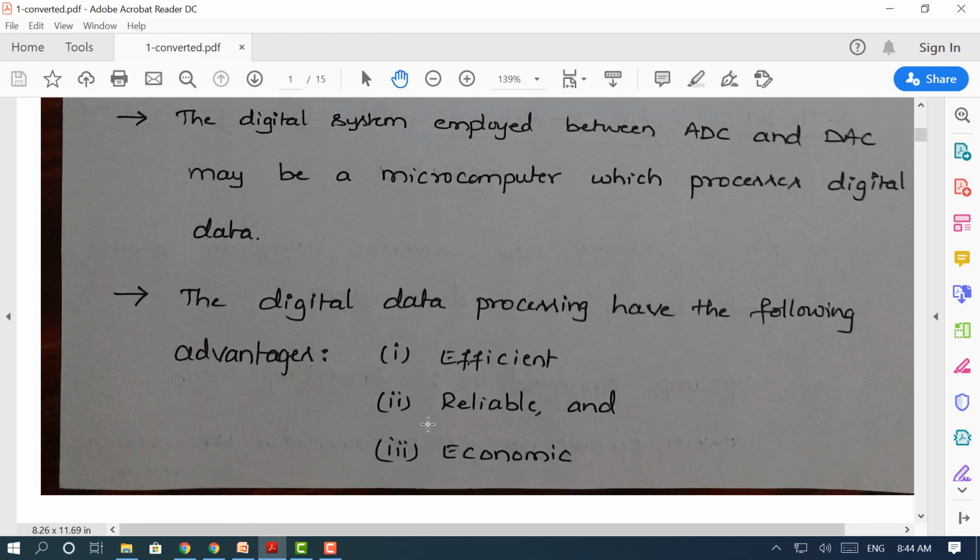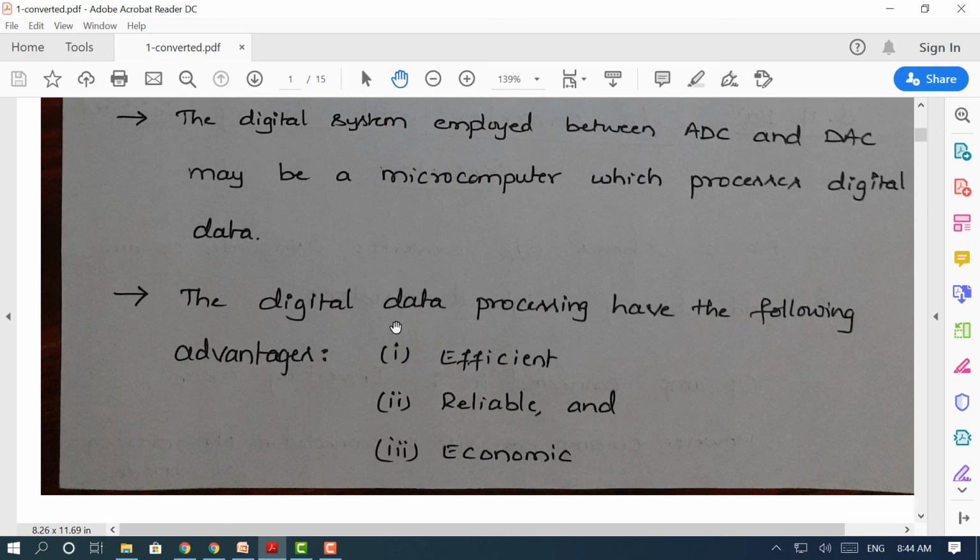The reason for using a digital microcomputer or computer for digital data processing is as follows: the data in the digital format we can process very efficiently, and it's more reliable and more economic also. So for these three reasons, we use a computer as a digital system to process the digital data.